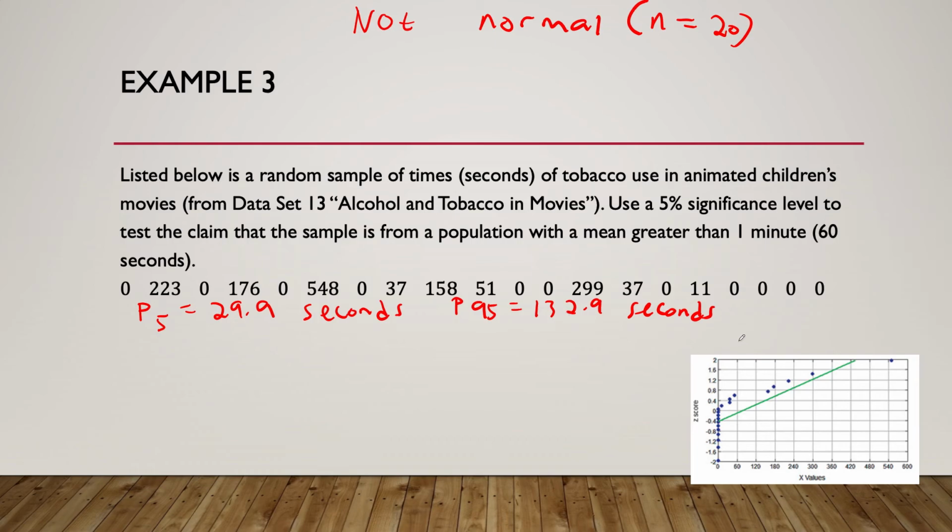So because of that, we could build our confidence interval here as 29.9 less than mu less than 132.9. As you can see, this is a giant interval due to the fact this is not normal.